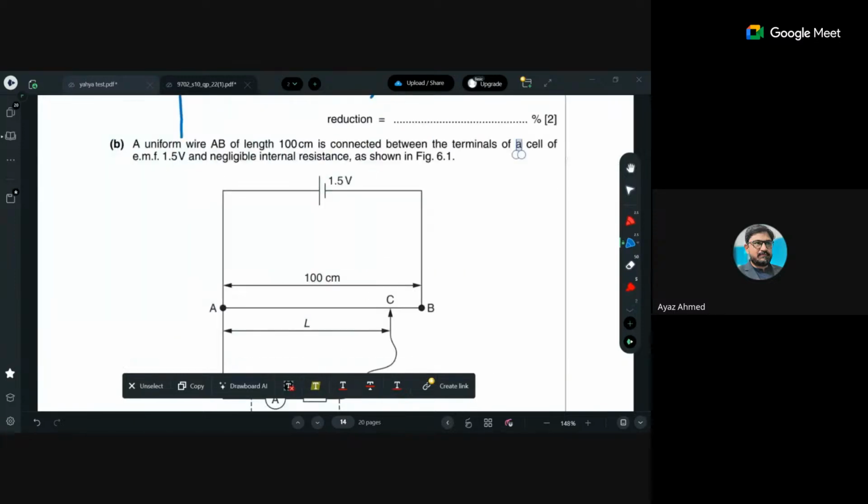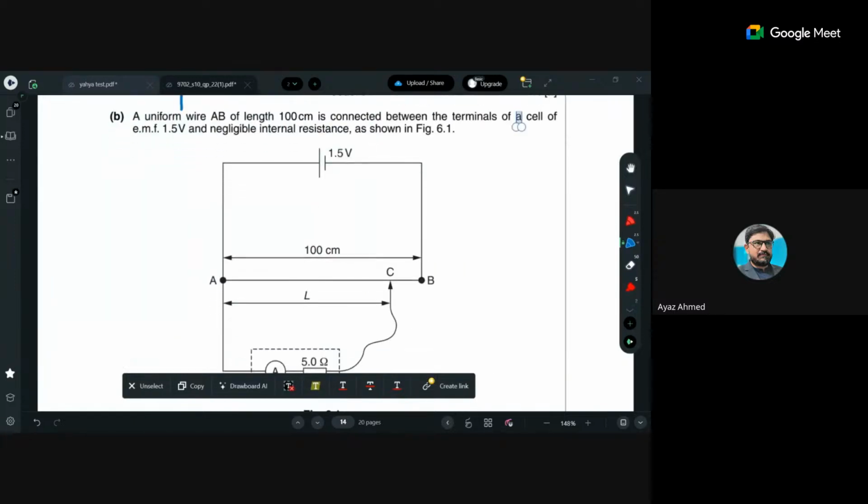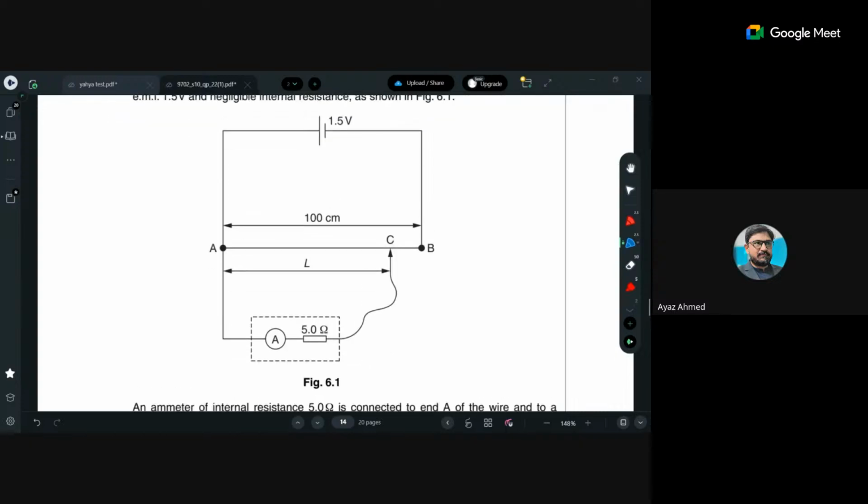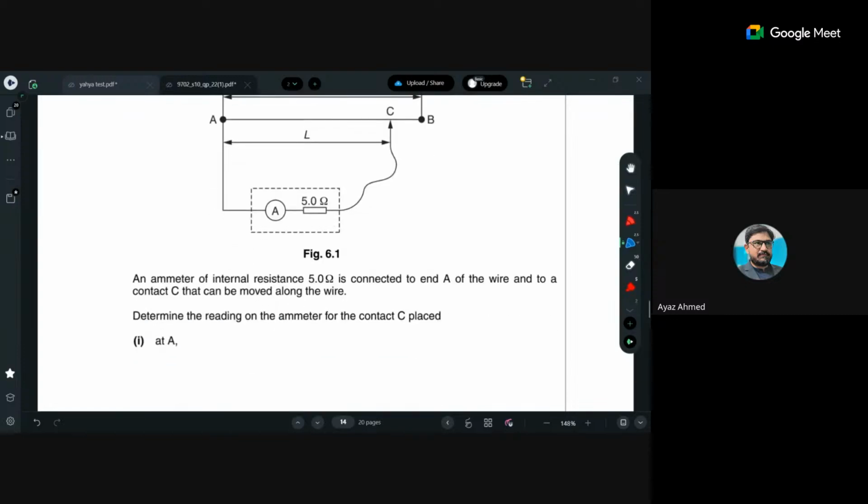Then the next one is a uniform wire AB of length 100 centimeter. The wire is connected between the two terminals of a cell of EMF 1.5 volts and negligible internal resistance, as shown in figure 6.1. Basically, this is the potentiometer question.